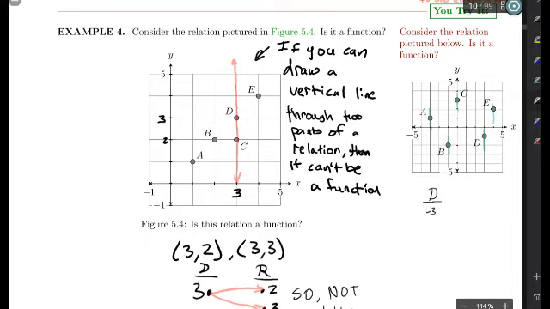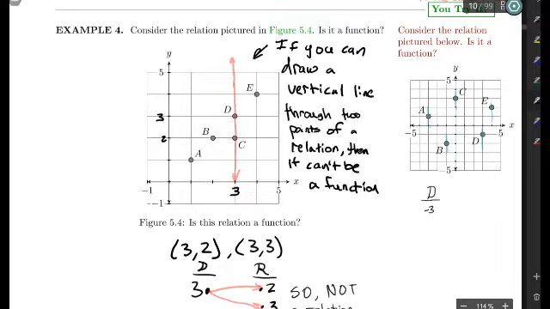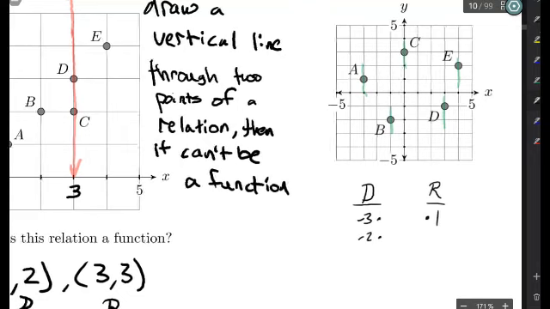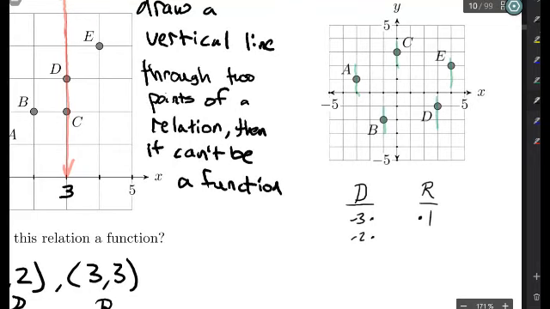-3, 1, -3 maps to 1 and -2, or excuse me, -1, -2.